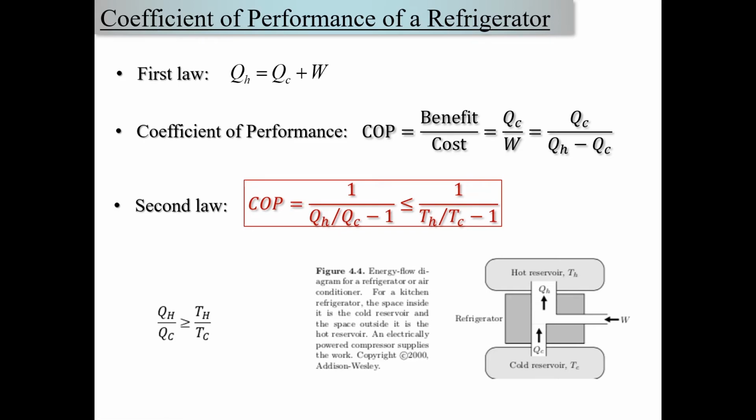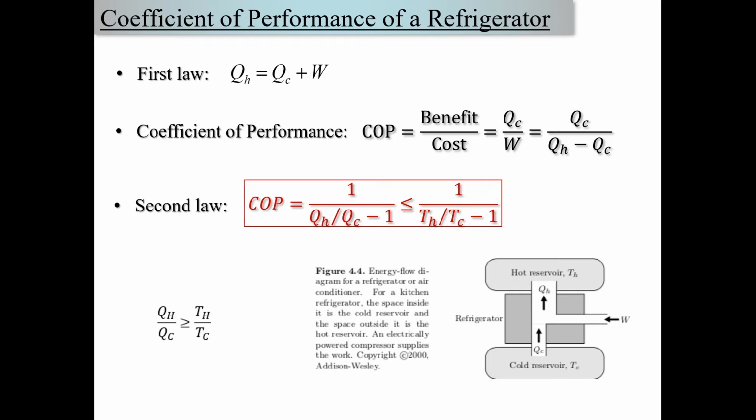In the same way that we were able to derive a relationship between the heat transferred and the relative temperatures of the two reservoirs for the Carnot engine, we can derive a similar relationship for a refrigerator where we have switched the direction of the inequality.